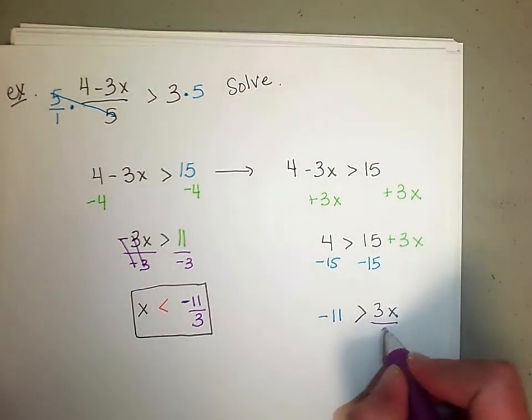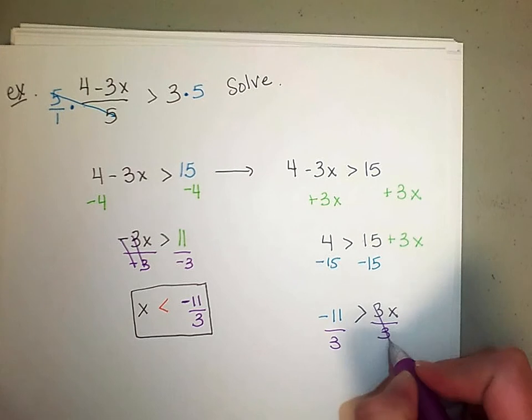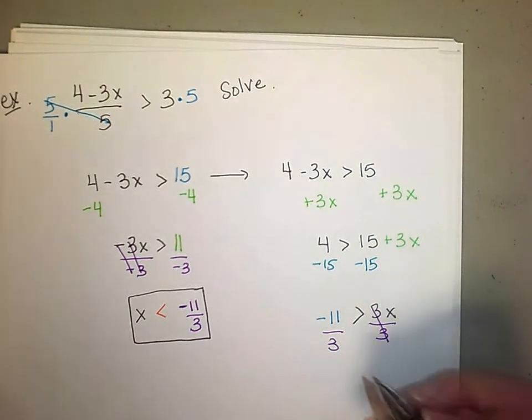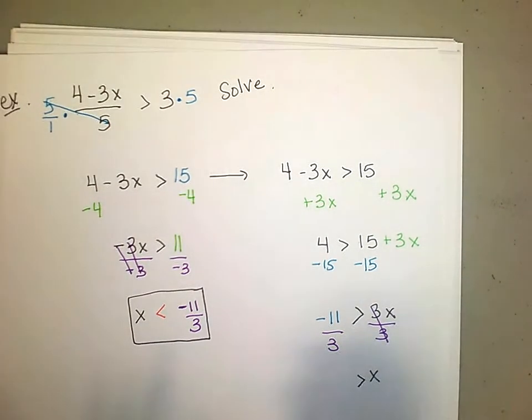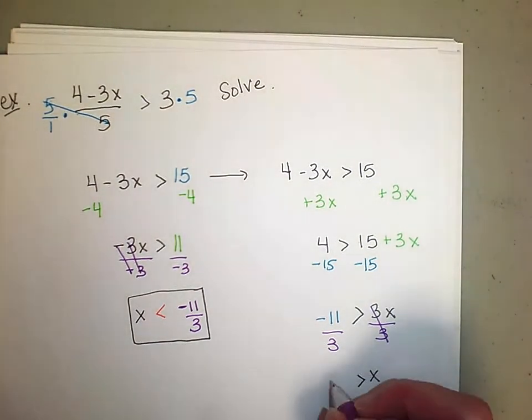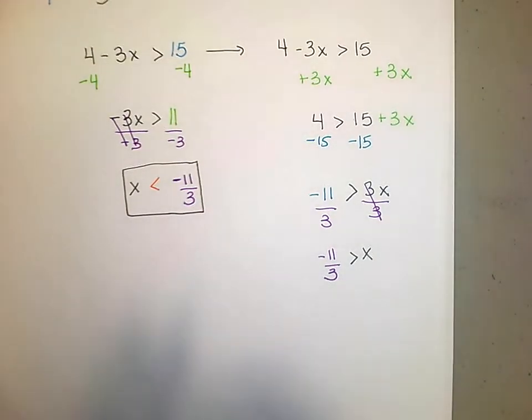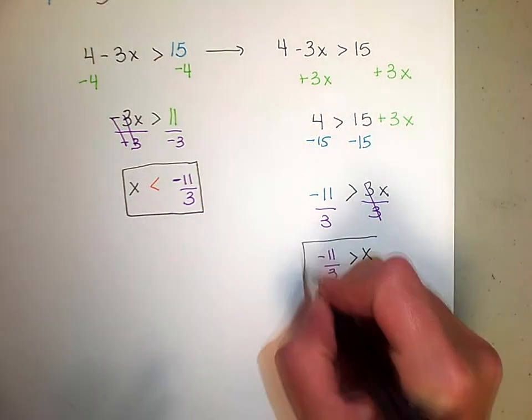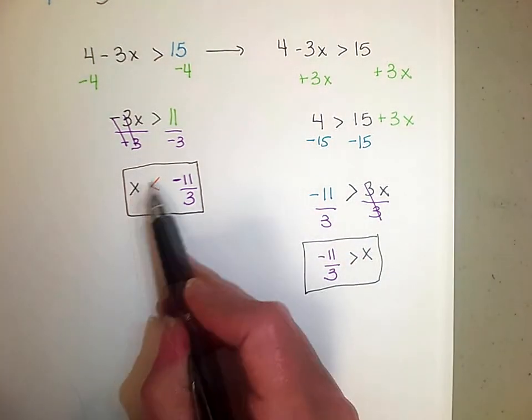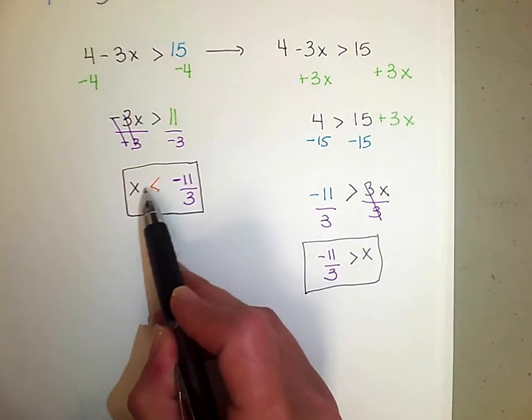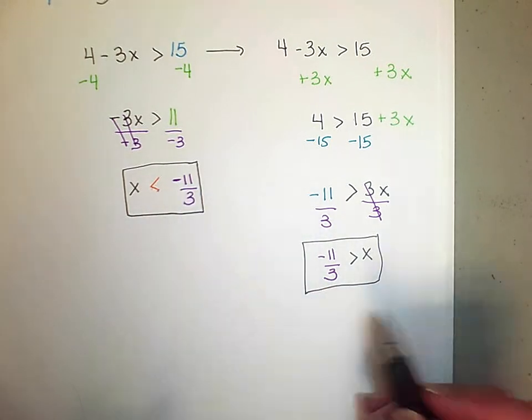Now I can divide by 3. So that x, and then on this side I have negative 11 thirds. But notice that these are saying the same thing. Here we have x is less than or equal to, the arrow is pointing towards the x, negative 11 thirds.